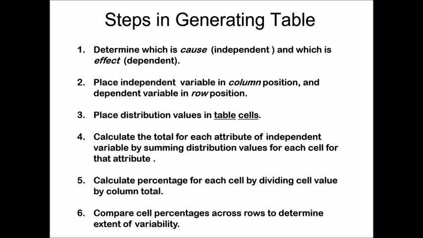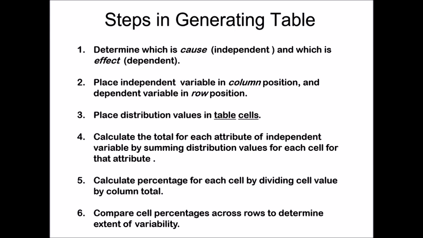Fourth, you calculate the total for each attribute of independent variable by summing the distribution values for each cell for that variable. Fifth, you calculate a percentage for each cell by dividing cell value by column total. And then the final stage is to compare cell percentages across rows to determine the extent of variability or the effect of the independent on the dependent variable.